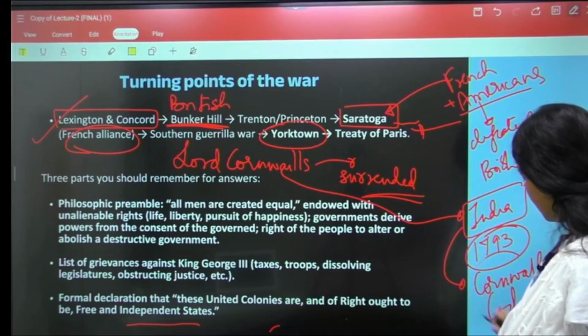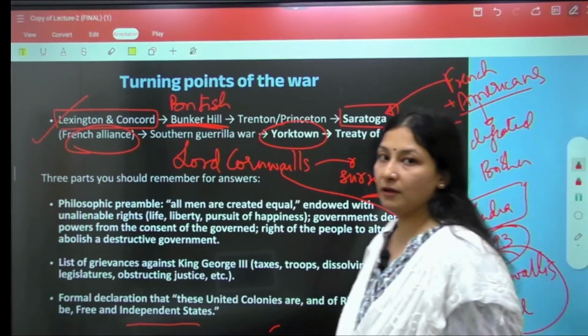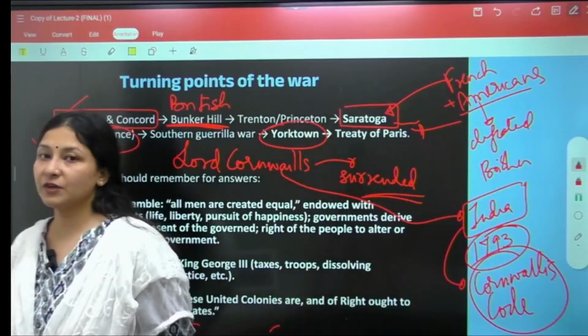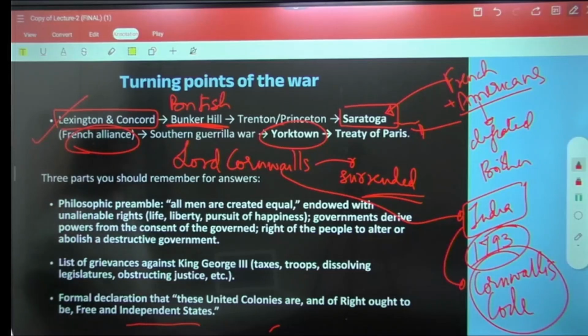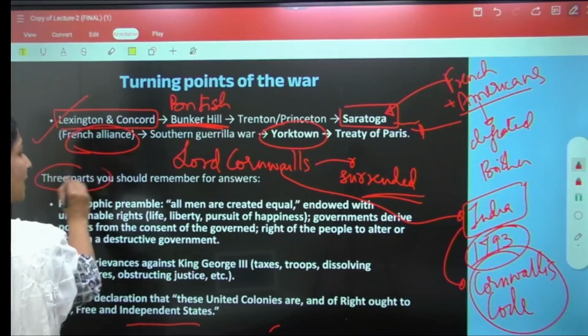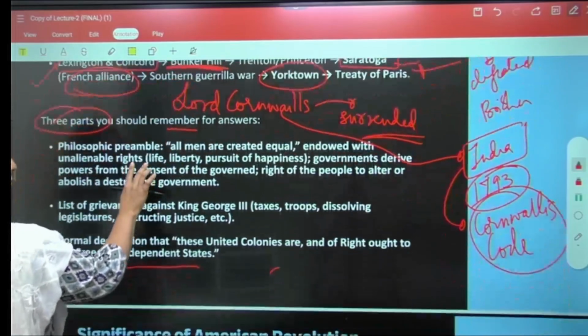Okay, this you will study in Indian modern history. The British government was so angry with him that he was sent to India.